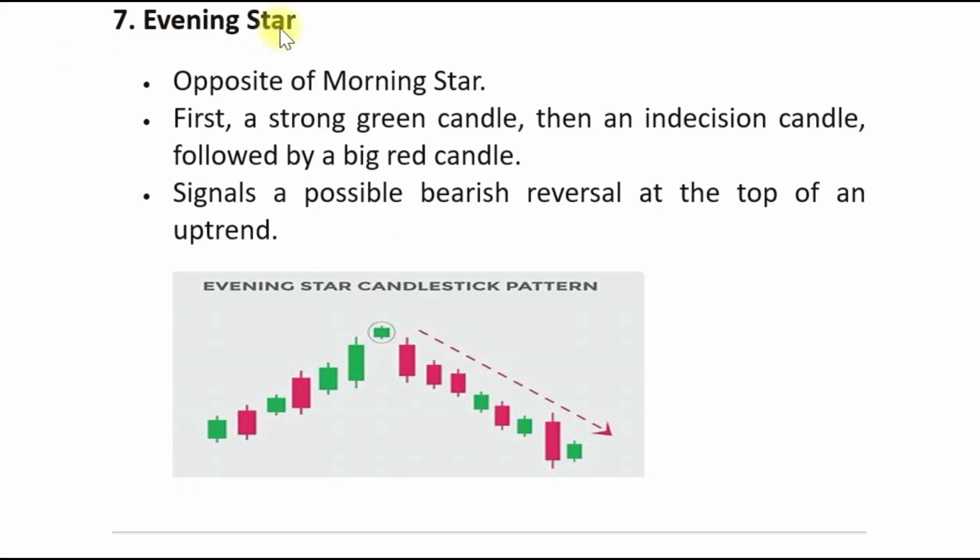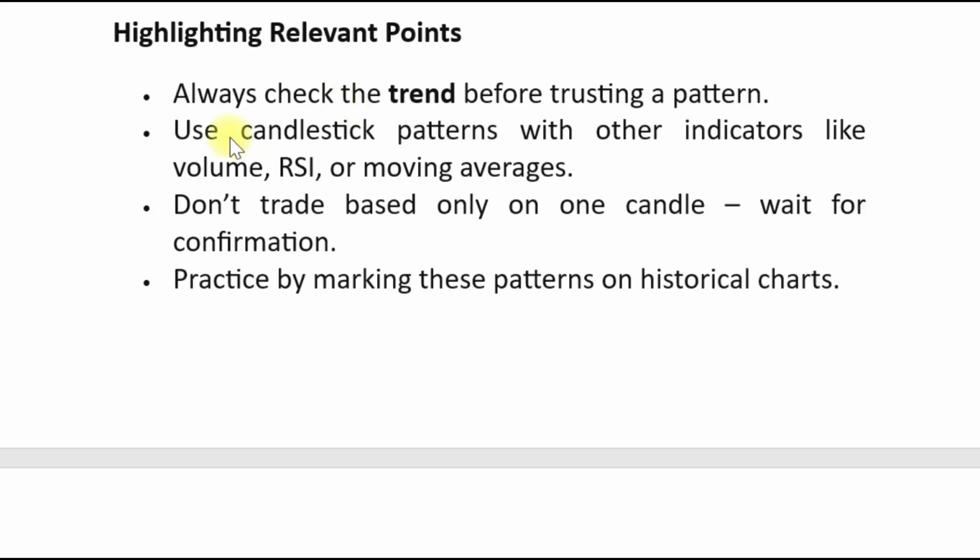For example, if you spot an evening star candle at the resistance level, then the accuracy of this pattern will be high, and you can enter the trade. If a morning star is found at the support zone, that gives more accuracy and you can enter the trade.